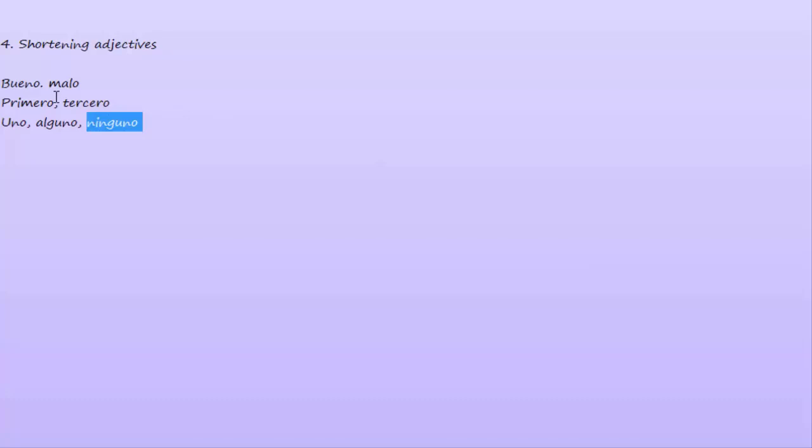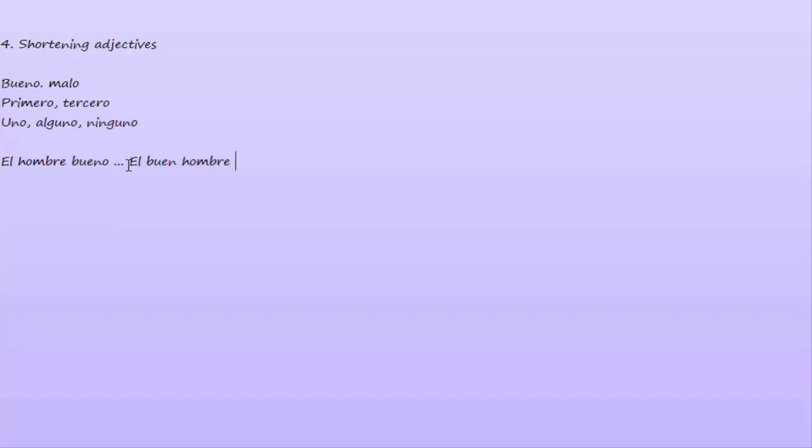What happens with these adjectives is that they will drop the O if we put them before the noun. Let me show you an example. We have, okay, el hombre bueno. The adjective is after the noun, so it keeps the O. But if we change its position, it would drop the O. And we would say, el buen hombre.